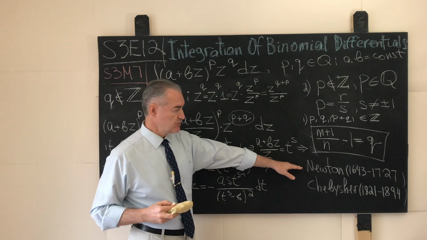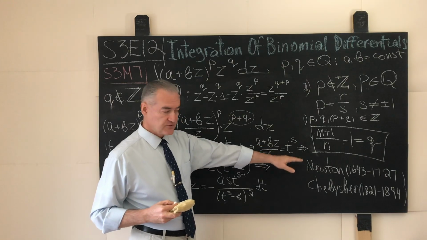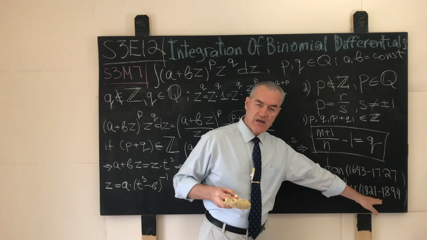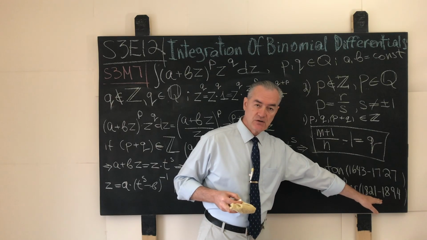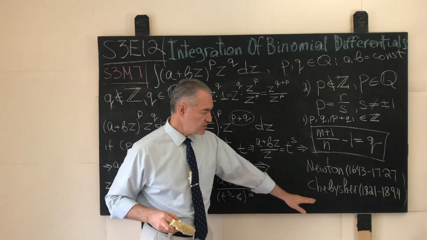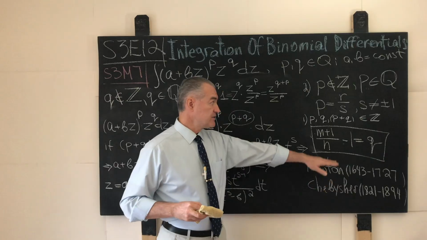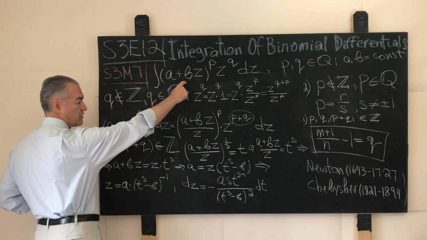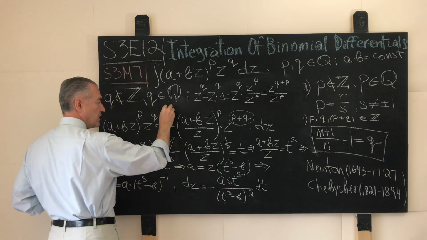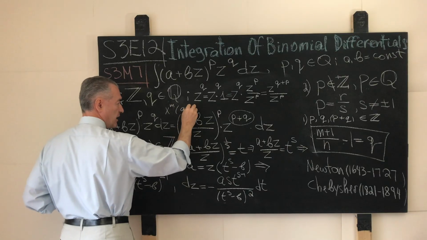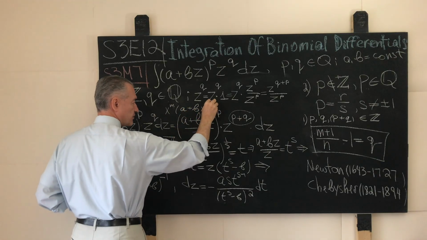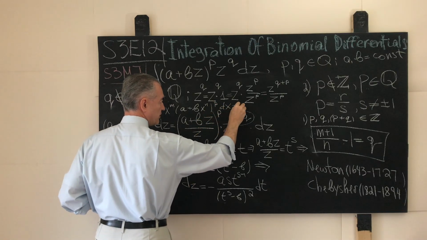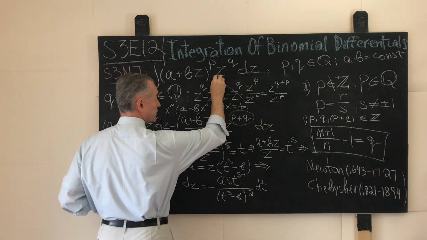Apparently, from the works of Isaac Newton, we know that he was aware of this information, but only in the 1850s or thereabouts, in the middle of the 19th century, the Russian mathematician Chebyshev showed that these are the only cases when the binomial differential that we saw, or its equivalent, x raised to the power m times a plus b x raised to the power of n, dx, remember this, and this was 1 over n, and then this whole thing.